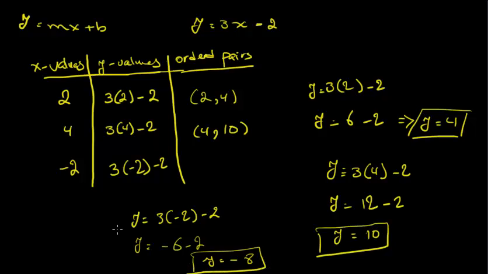So if x is minus 2, y is minus 8, minus 2 and minus 8. Now with these three x's that we picked, we can graph our equation. Let me clear this section first.